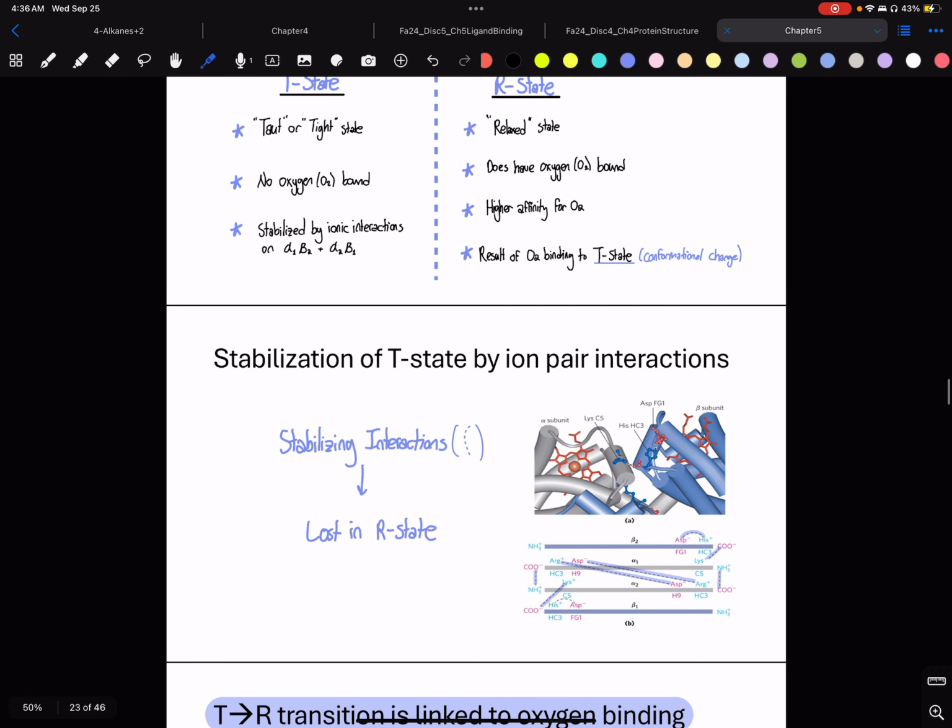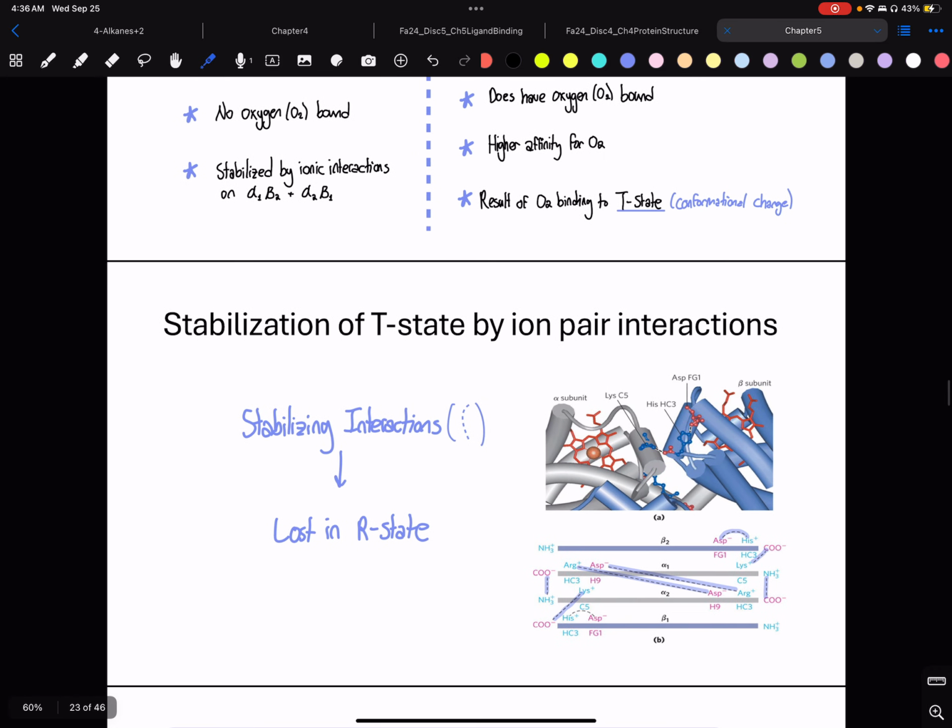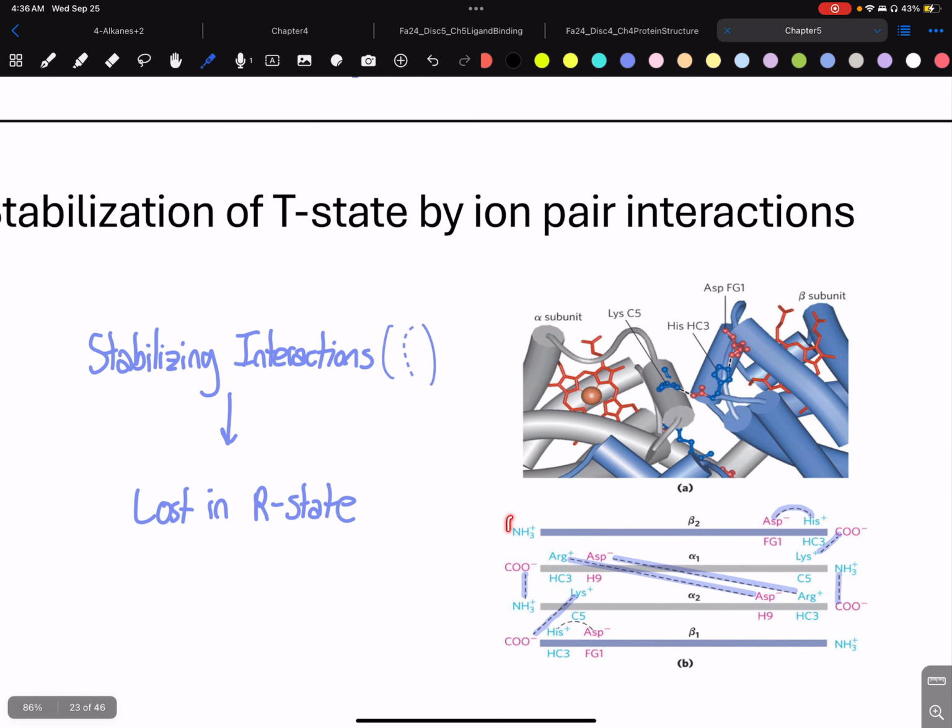So the T state is stabilized by ion pair interactions. So this summarizes the 4 chains in your hemoglobin, and the ion interactions are in dotted lines here that are used to stabilize it.